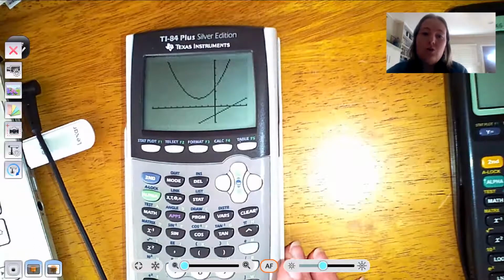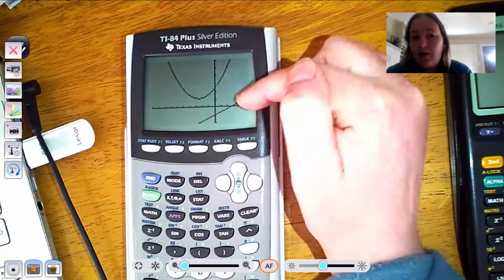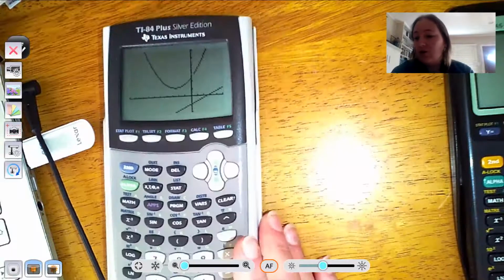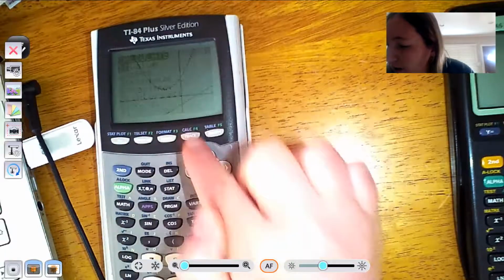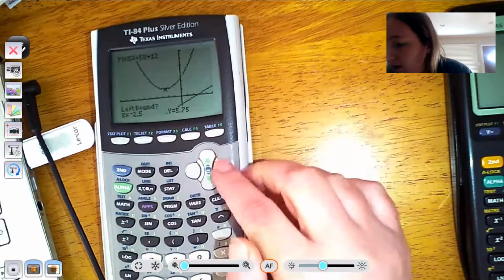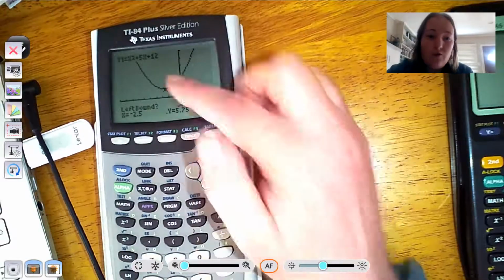all right. So on this one, I want to find the x and y intercepts so I can show you the 0 function. So second calculate, let's do the 0. That finds the x-intercept. And I don't want it to be for this first one.